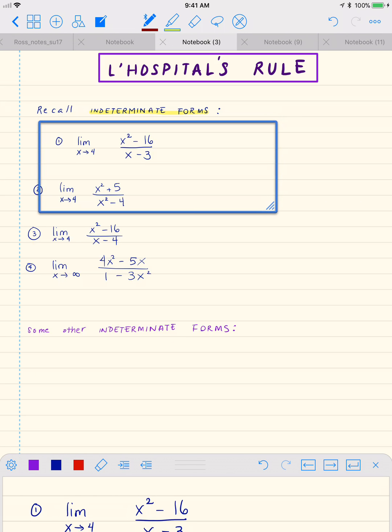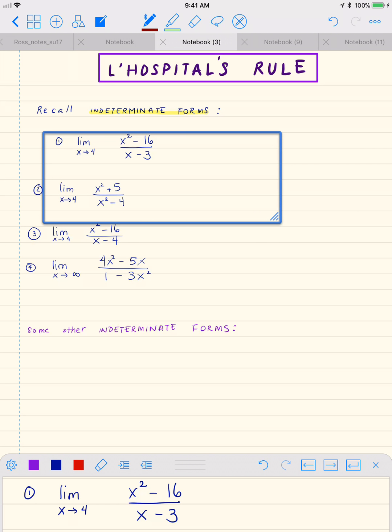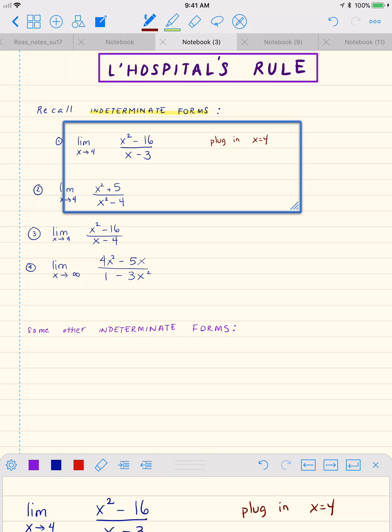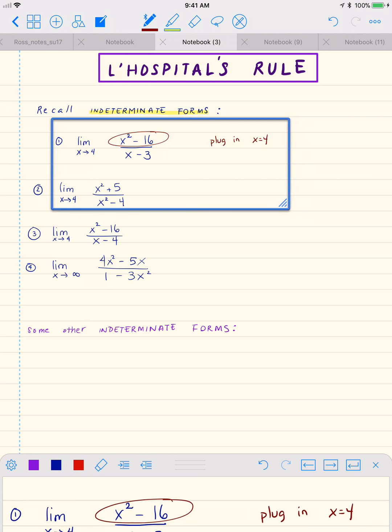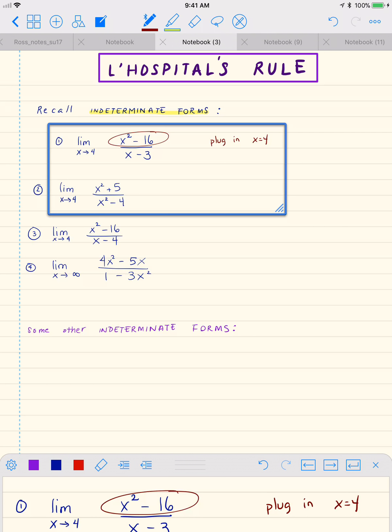So the first limit is, what's the limit as x approaches 4 of x squared minus 16 divided by x minus 3. My first line of attack is to just plug in x equals 4. Since the function x squared minus 16 is nice enough, it's a polynomial, so it's continuous.